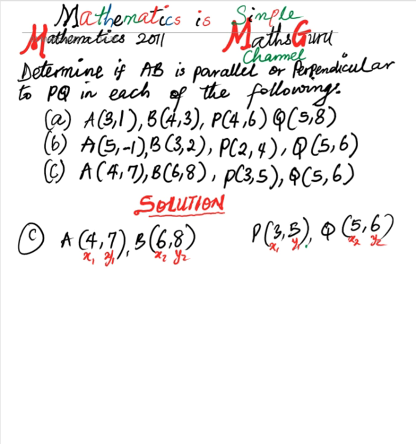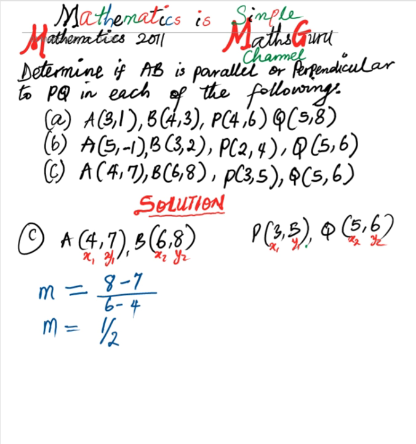Okay, let's move on. We have the gradient m to be equal to y2 minus y1, which is 8 minus 7, over x2 minus x1, 6 minus 4. And this will be equal to 1 over 2. 8 minus 7 is 1, 6 minus 4 is 2. So that is the gradient for this.